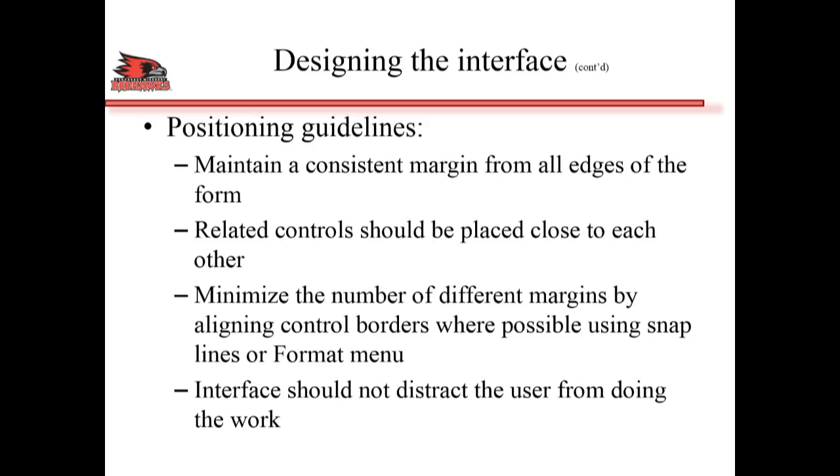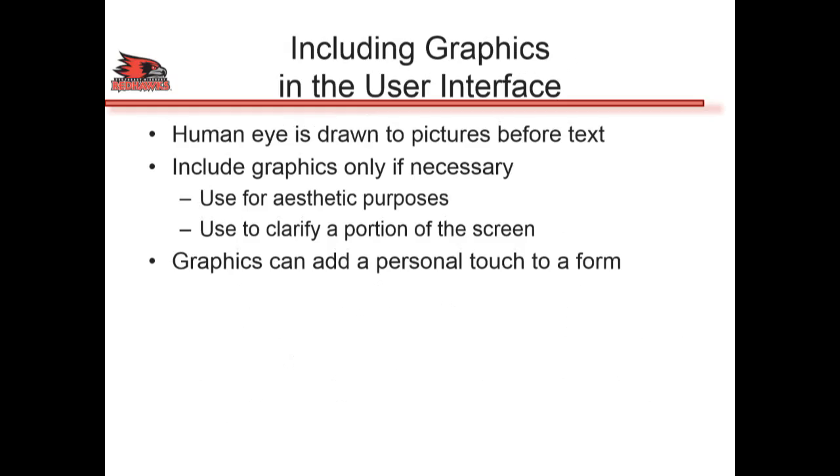The interface should be such that it's what the user expects. It's not too flashy. It does not distract the user from carrying out their job or doing whatever they have to. And here basically they talk about including graphics in the user interface. Graphics should be used with a purpose.